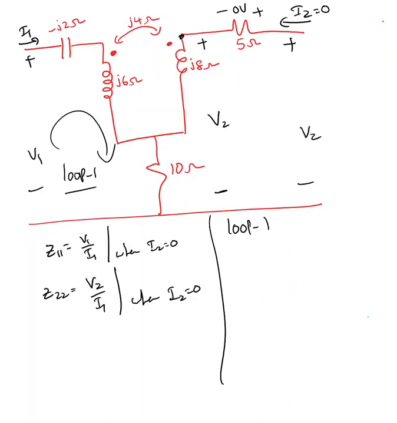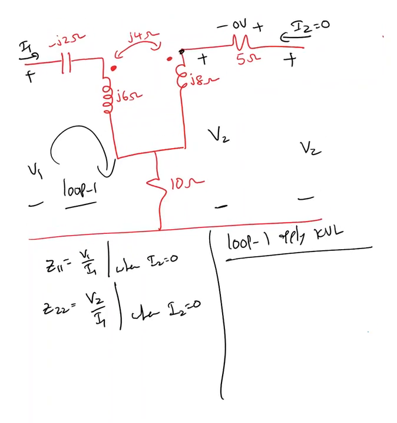To do this problem, you have to have knowledge about the dot convention and mutual inductance. Mutual inductance is nothing but because of the current flowing in one coil, there is an induced EMF across the other coil. Because of current flowing in J8, there will be induced EMF here. In this case, I don't have any current passing through J8, so E1 equals 0.